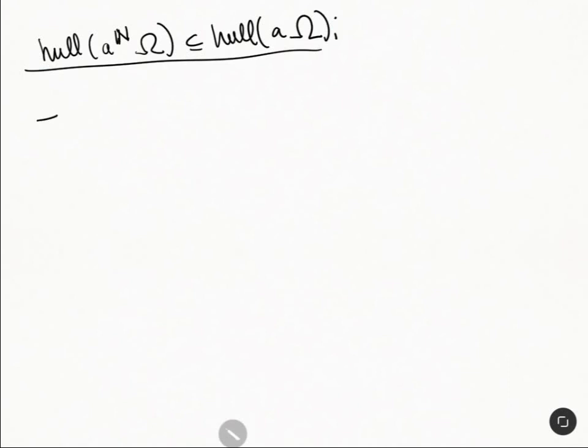So for omega, a subset of L, so this is a product of fields, say L equals the product of Lj for j equal to 1 up to r.